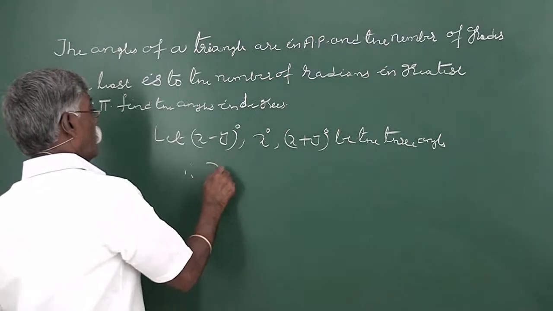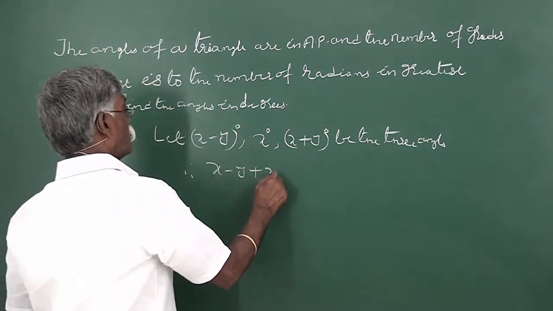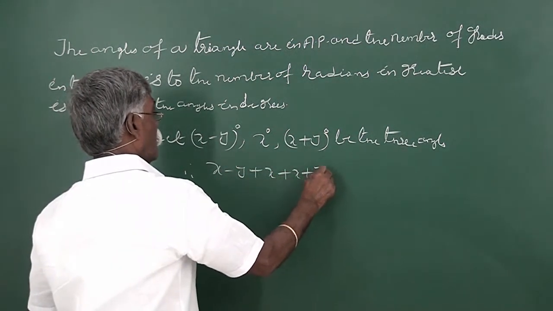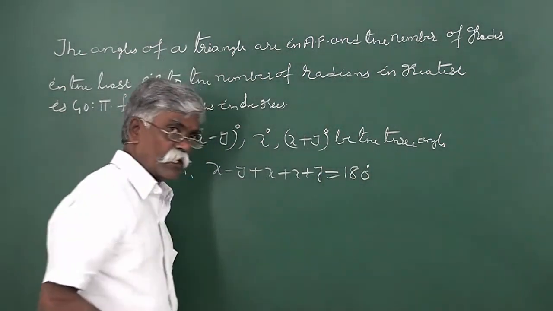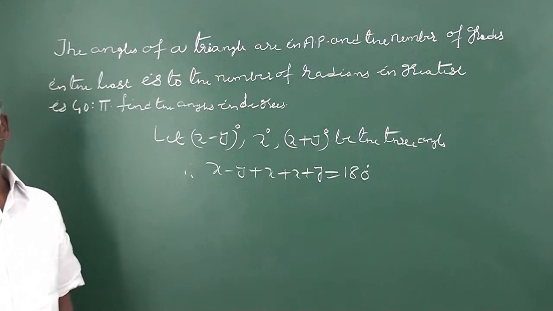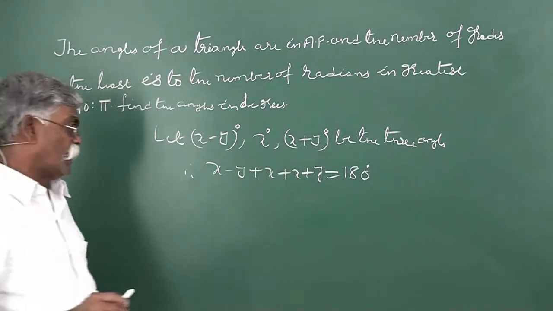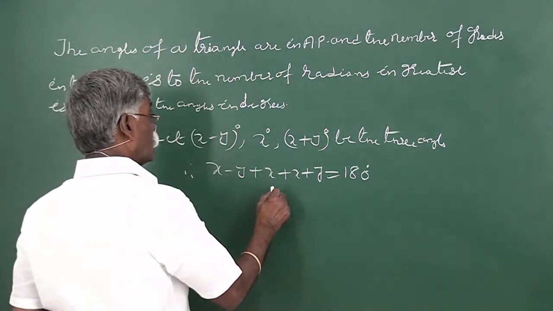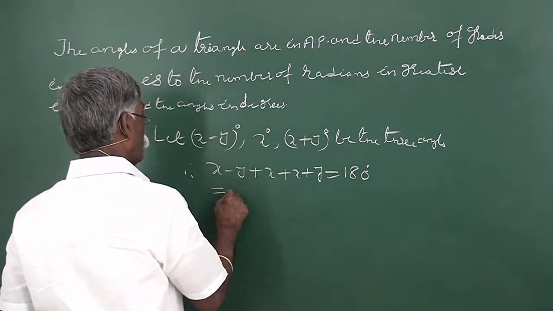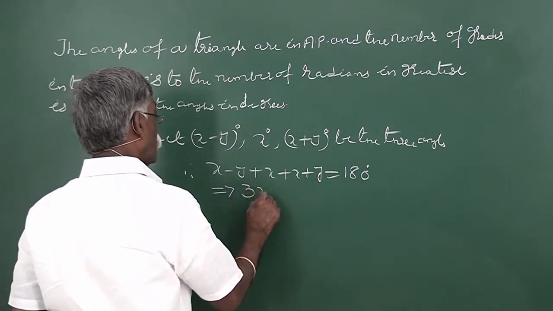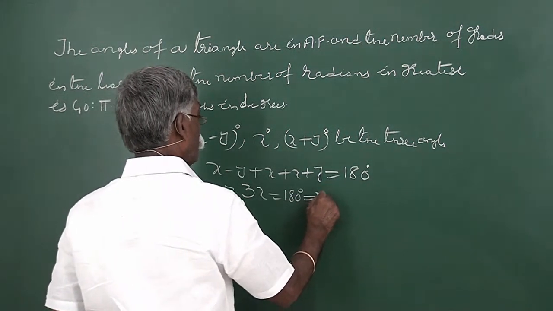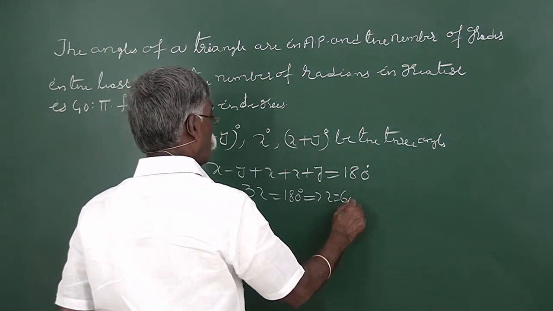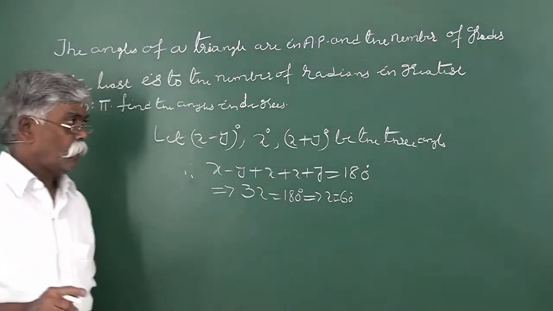Therefore, x minus y plus x plus x plus y is equal to 180 degrees, since the sum of the three angles of a triangle is 180 degrees. Now y and y get cancelled. This implies 3x is equal to 180 degrees, and this implies x is equal to 60 degrees.